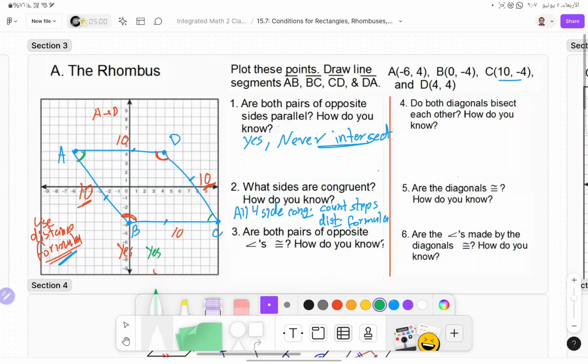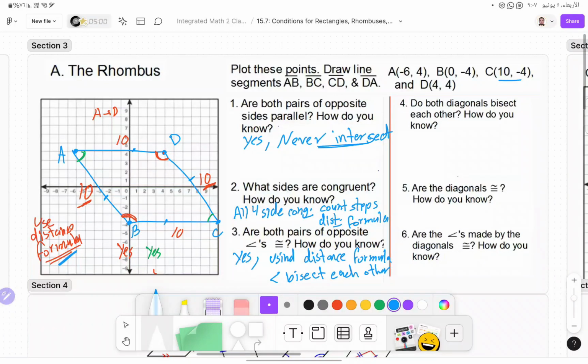Because we can use the distance formula, or we can just say we know that the angles bisect each other. You can mention either one.